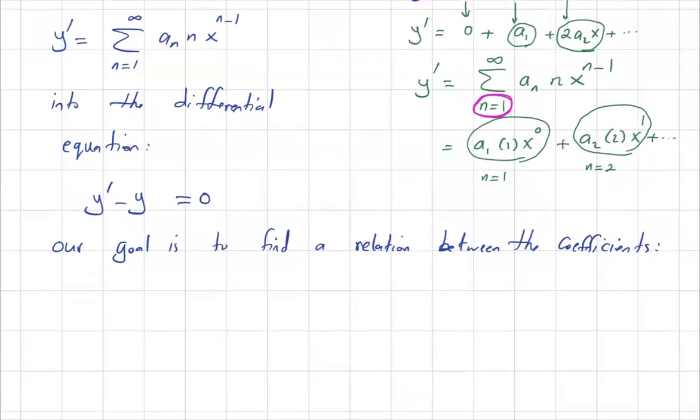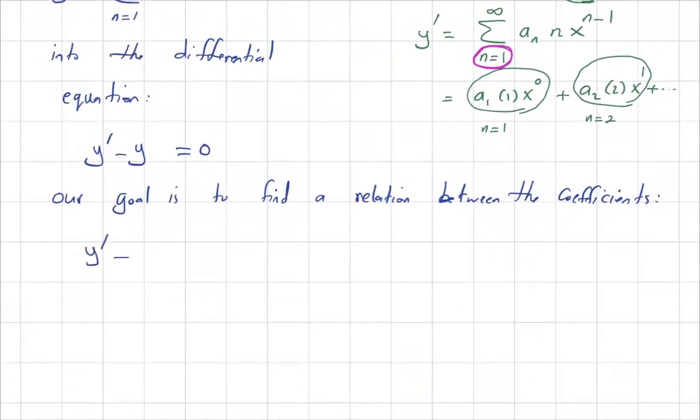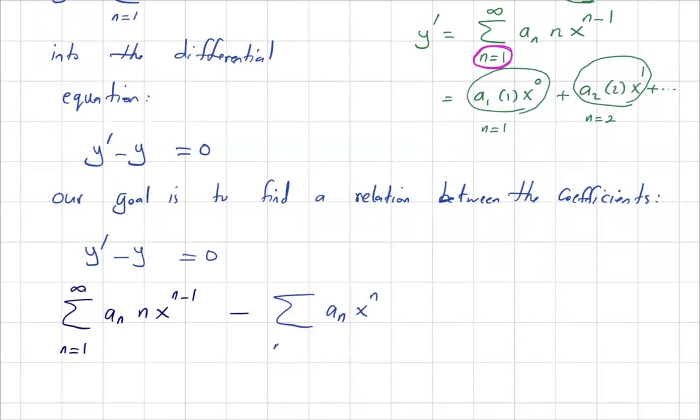So let us begin. y prime minus y is equal to 0. It means that the summation of a_n times n x to the power n minus 1, starting from 1 to infinity, minus the summation of a_n x to the power n, starting from 1 to infinity, is equal to 0.